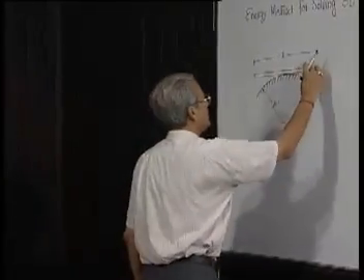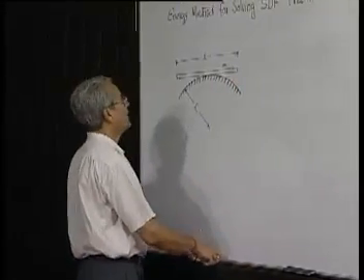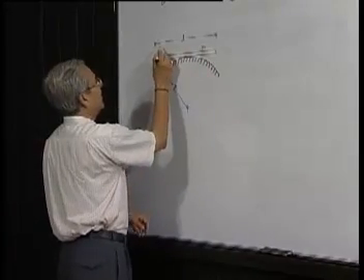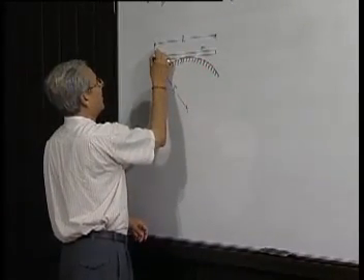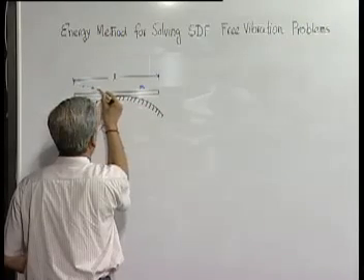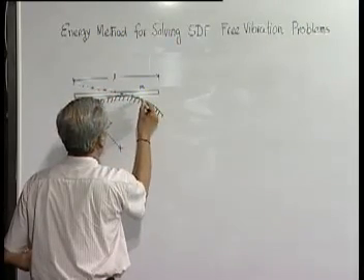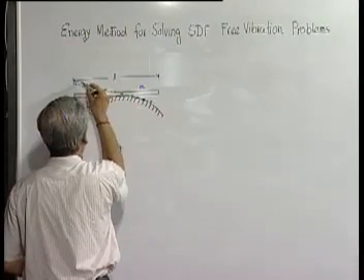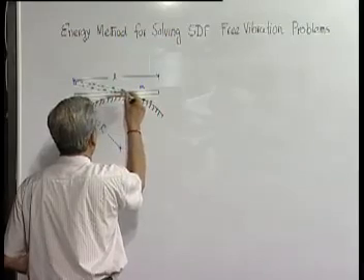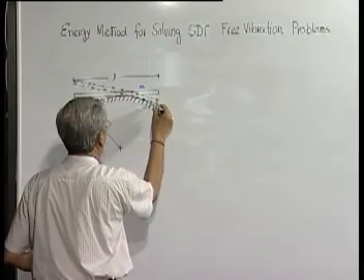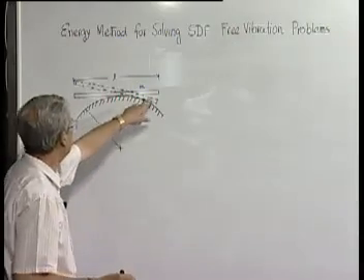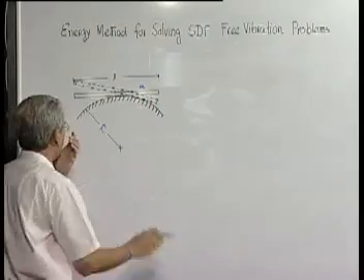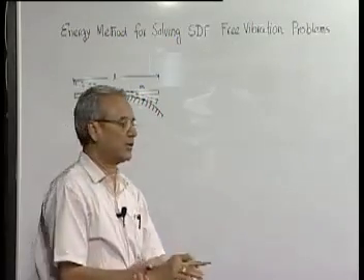Now, if we dip it a little bit to bring it to this position, we have dipped it and left it. So we know that it will oscillate. Now we have to find out the natural frequency of oscillation of this.